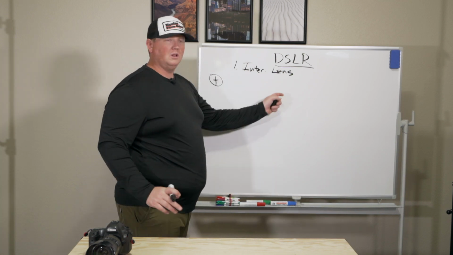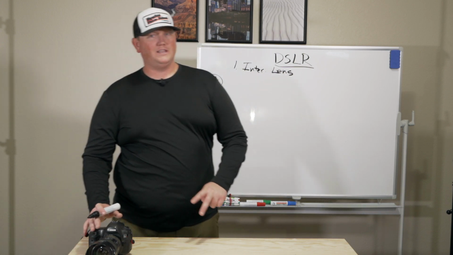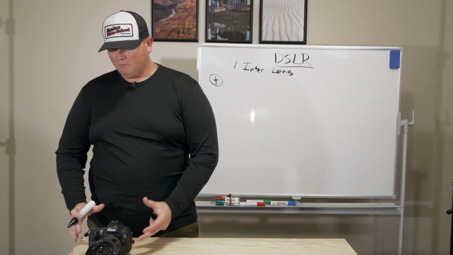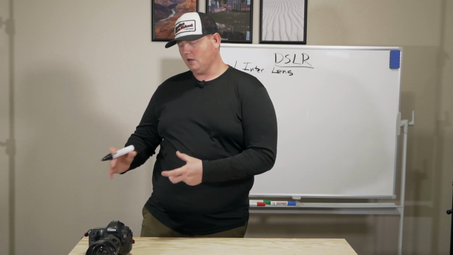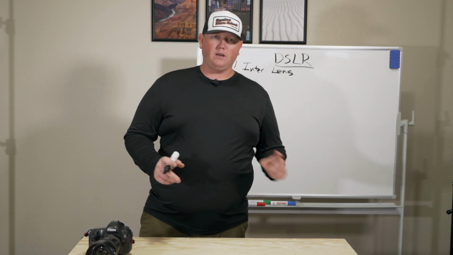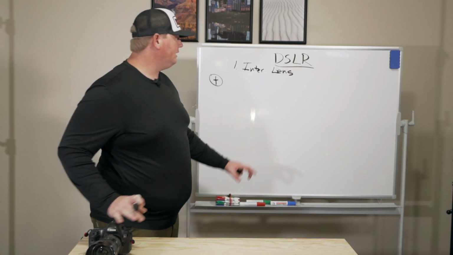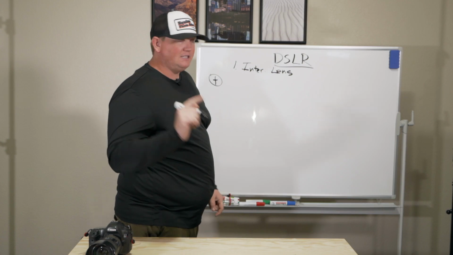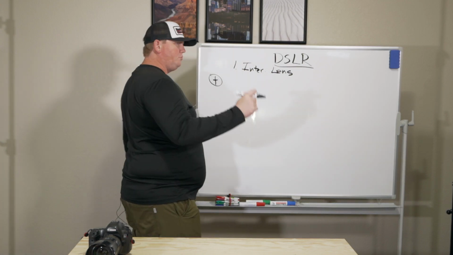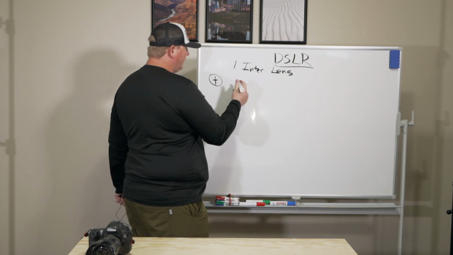I think a lot of people underestimate that. Everybody wants the sexy new body that just came out, right? They're thinking, man, I gotta get this body, and it's so important. It's not that important. I don't upgrade bodies nearly as much. I have way more lenses than I have camera bodies. Lenses are super important. Light's super important. Bodies are up there. It's cool to have a nice one.